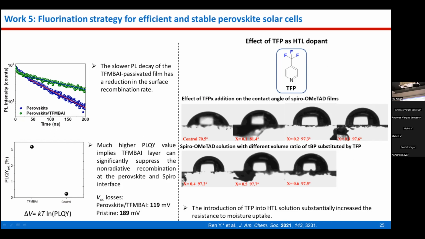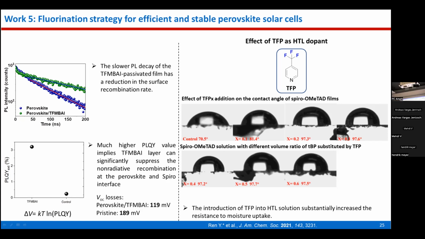You can see that the passivated film has about 13 times higher PLQY than the pristine film. It means the passivator can suppress non-radiative recombination very well. The VOC loss for the passivated perovskite film is 119 millivolt, but for the pristine it is 989 millivolt.